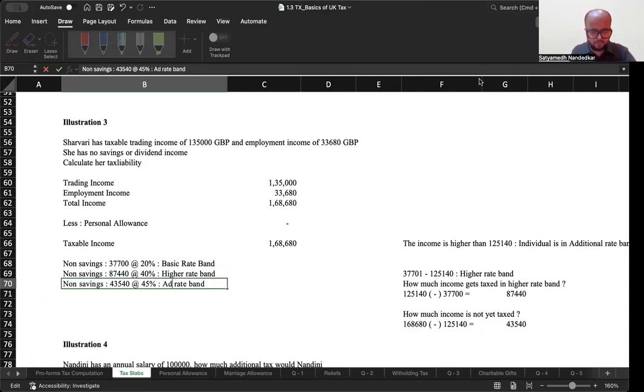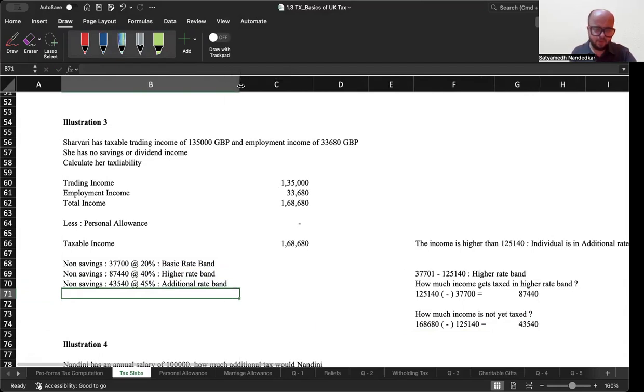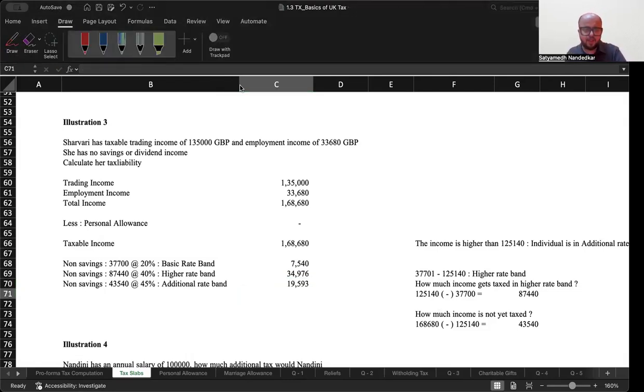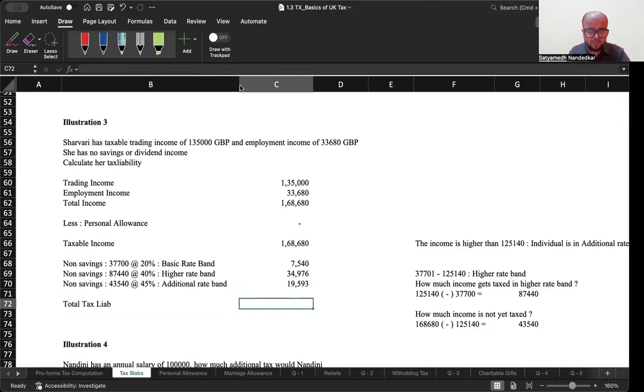This is your additional rate band. So 37,700 into 20%, 87,440 into 40%, and 43,540 into 45%, 19,593. Now what is your total tax liability?